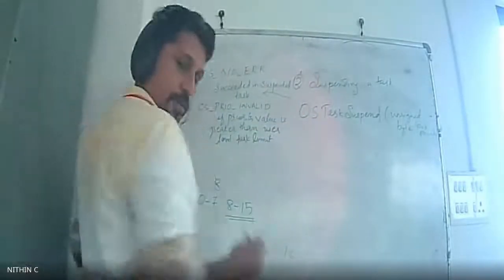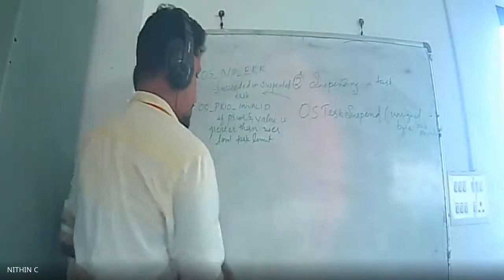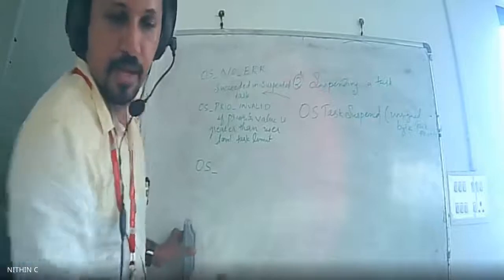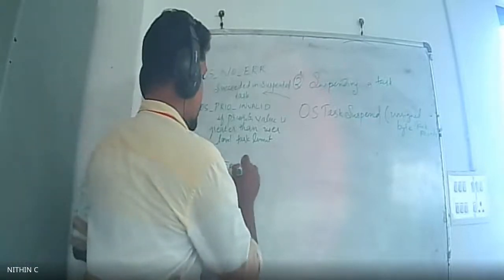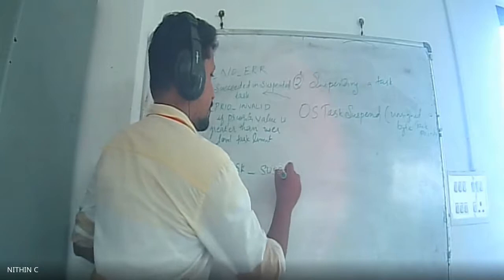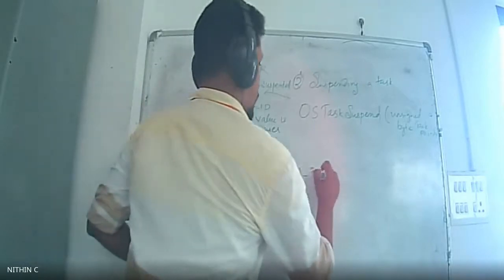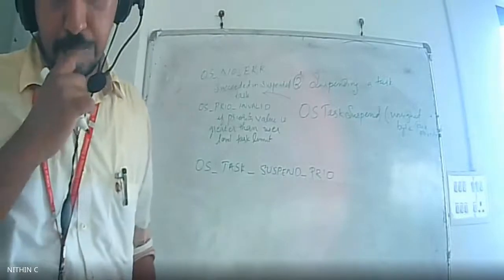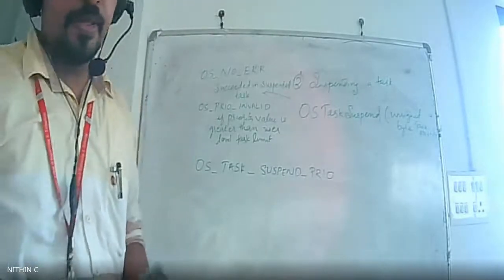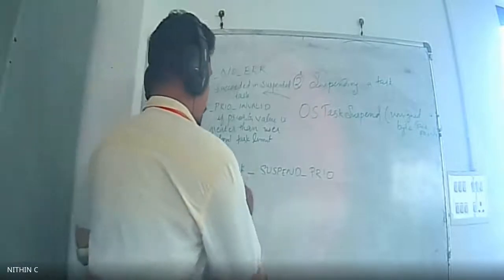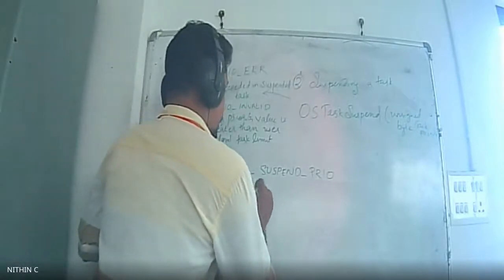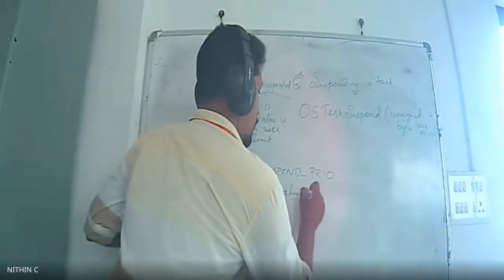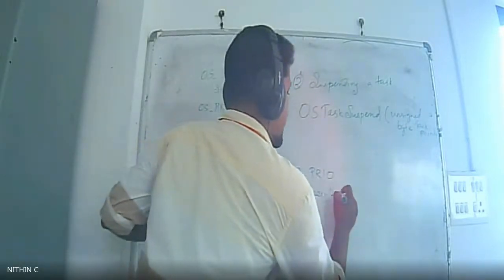Then another message that can be displayed is OS task suspend prio. This message will be displayed when the priority value does not exist.